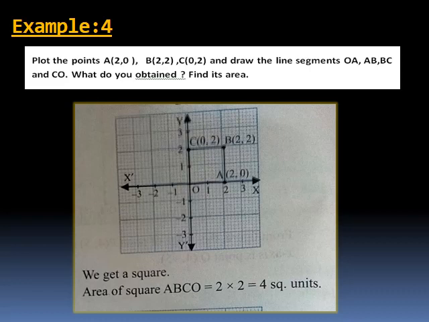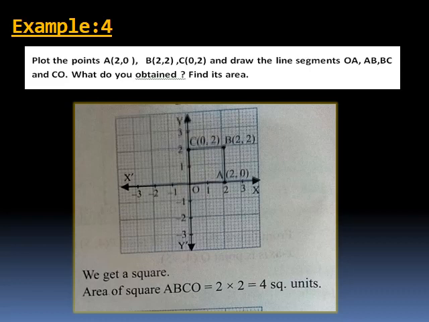Example 4. Plot the points A is 2, 0, B 2, 2 and C 0, 2 and draw the line segments OA, AB, BC and CO. What do you obtain? Find its area.